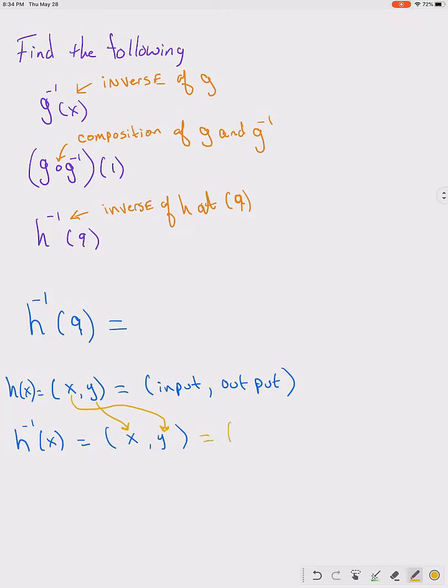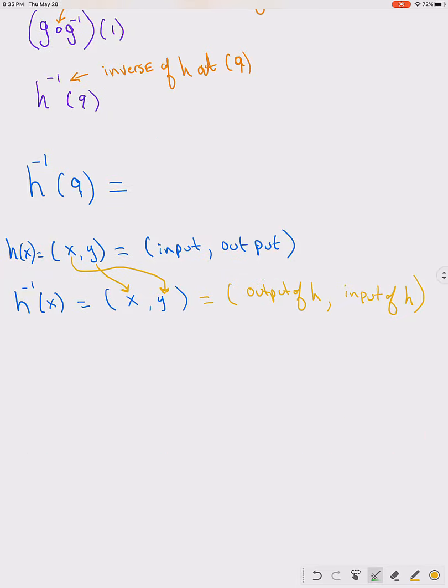So now we have output of h, input of h. So whatever happened in h, we inverted them. The input goes to the output, the output goes to the input.